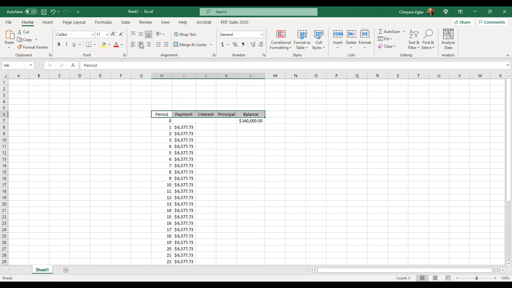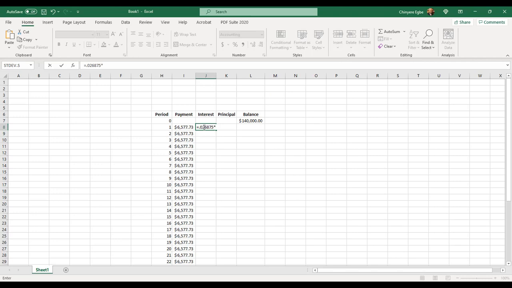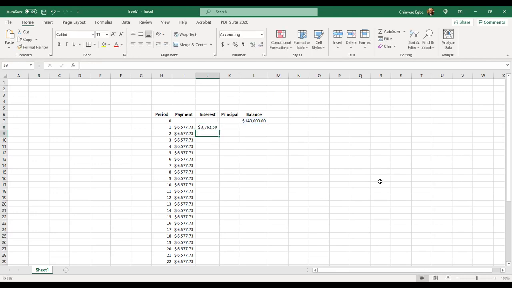I like to be a little fanciful sometimes. All right, so I have a bold. And so how much interest do you pay? The interest you pay will be 0.026875 times L7, which is the original amount of the balance.